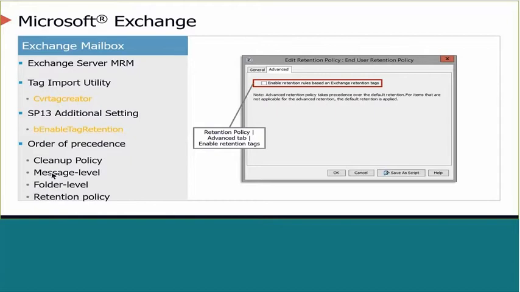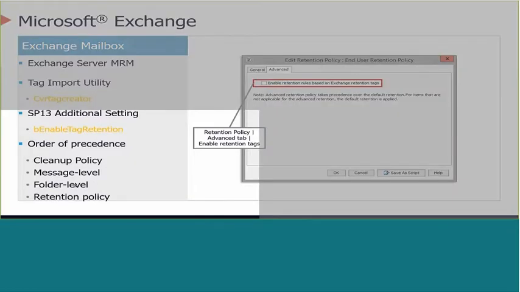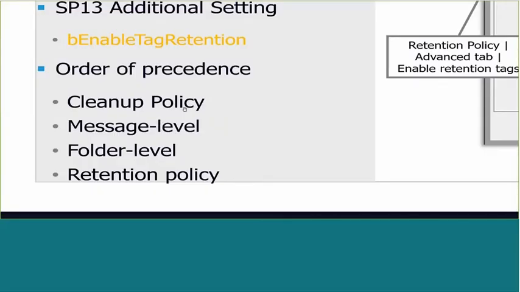So I've outlined the order of operations here on the left-hand side. Just want to point out that the cleanup policy does run regardless of this feature, but also with the Exchange client in general, it is going to clean up stuff based on what you have in that policy.